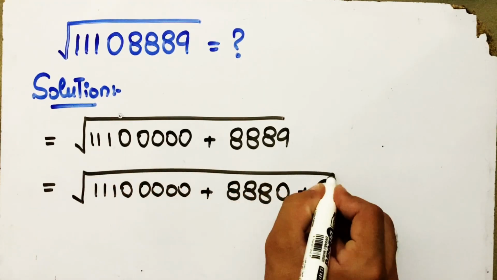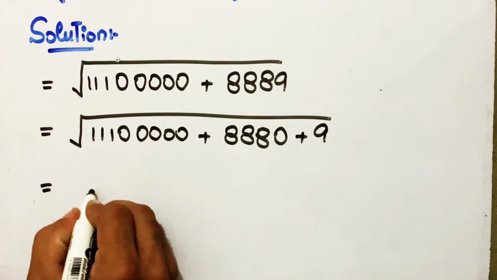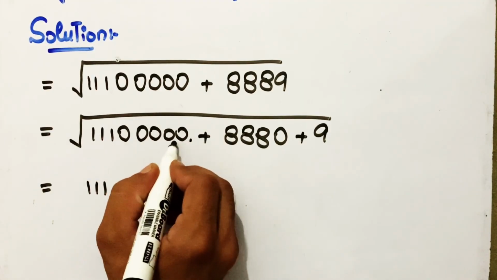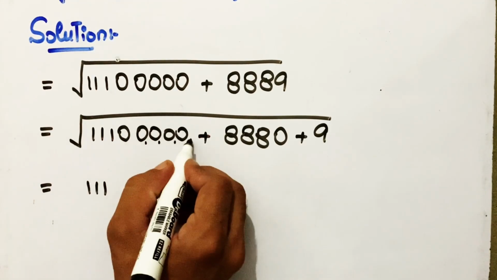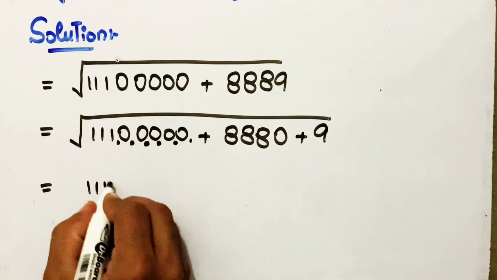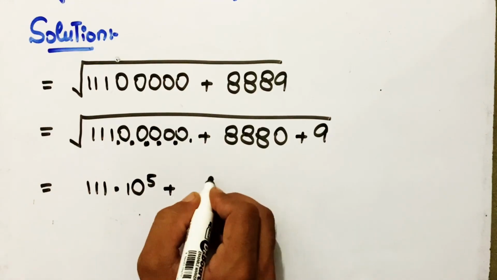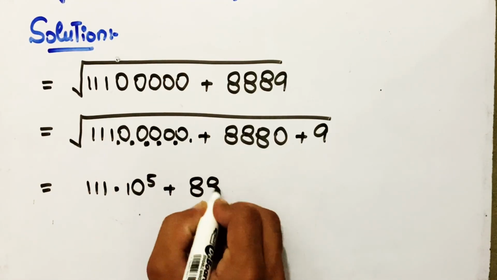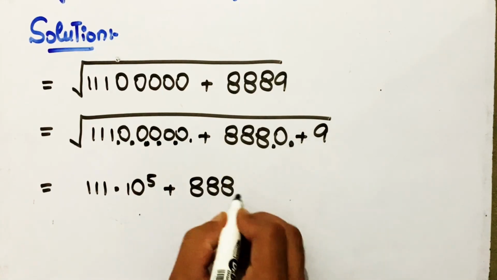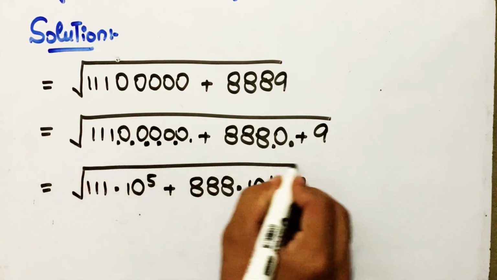So if I write our equation, 111 and how many zeros? This is point here 1 2 3 4. So this is 1 here, this point jump 1 2 3 4 and 5 here. So this is 5 points here. This means 10 to the power of 5 here, plus this is 88 here, 888, and this one, they got here point here, this jump 1 point, this means 10 to the power of 1 here, plus 9 here, square root here.